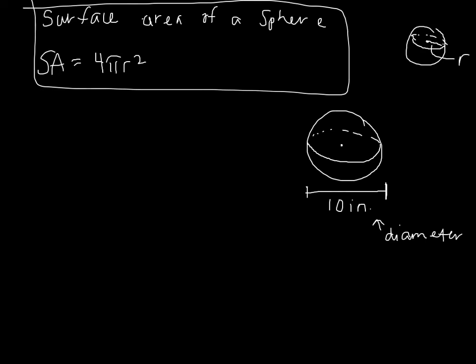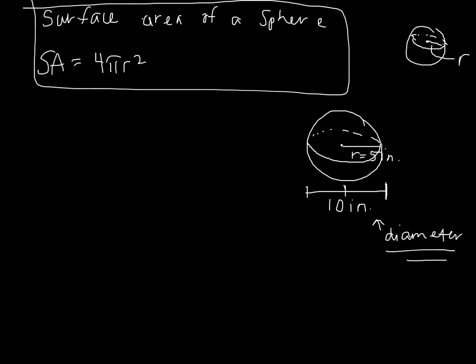So I need to cut this in half and say that my radius is going to equal 5 inches, because a diameter is 2 radiuses put together. So don't use a diameter. I saw some of you were trying to do that when we were finding the area of the circle. No, we need to know what the radius is, or half of the length from one side to the other.